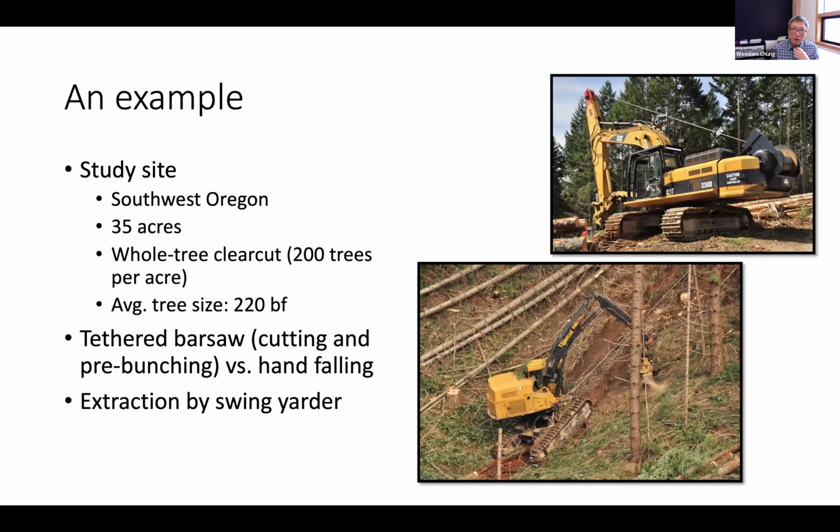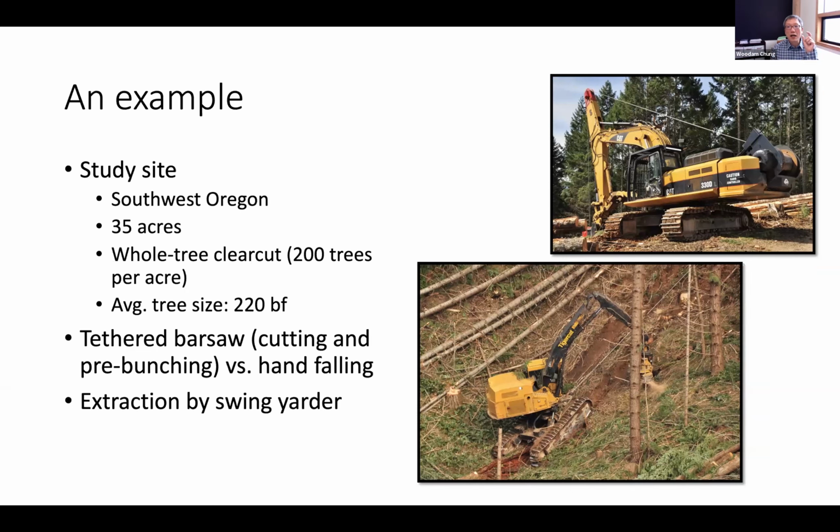So an anchor machine for the tether, and then the tethered bar saw we used to cut down trees. The difference between the tether machine and hand cut is that the tether machine can not only cut down trees, but also move trees, swing trees, and pre-bunch logs along the skyline corridor. And that's the benefit.